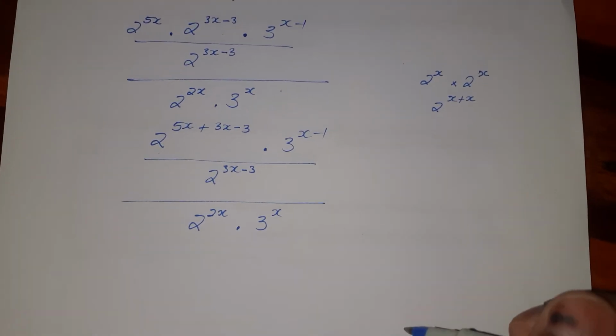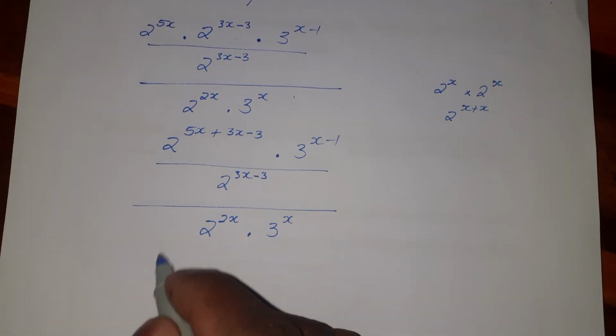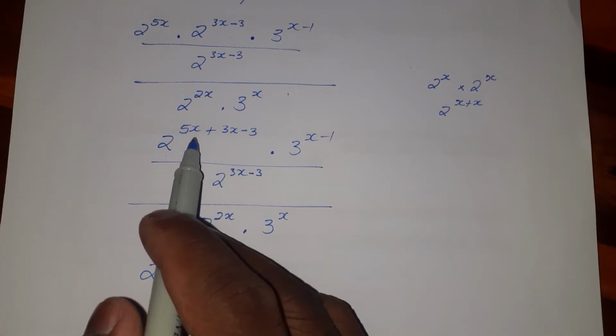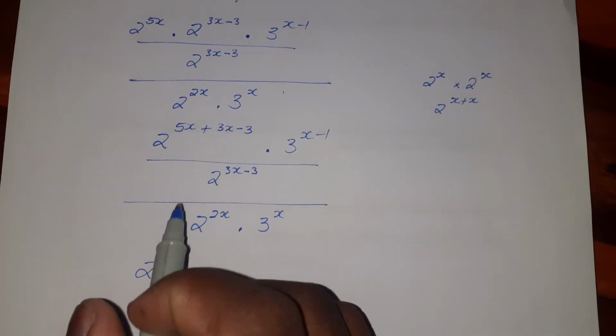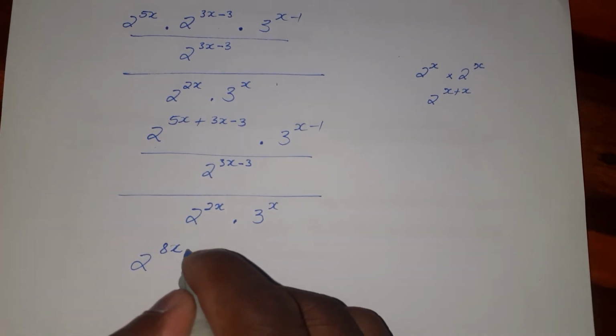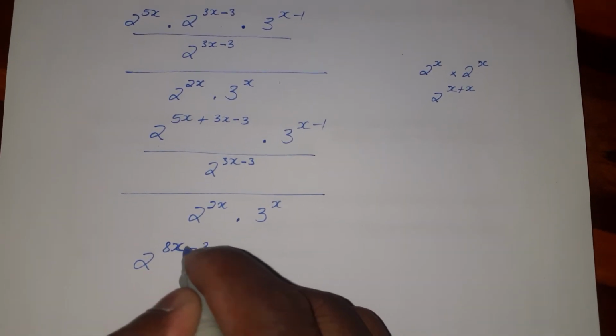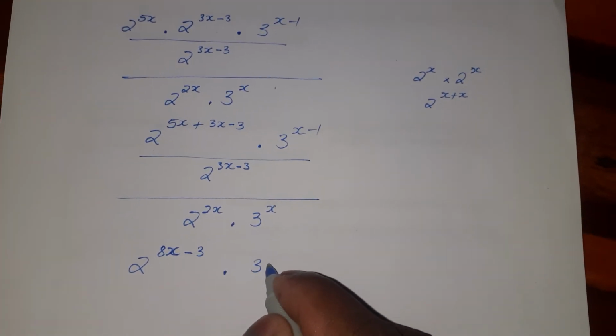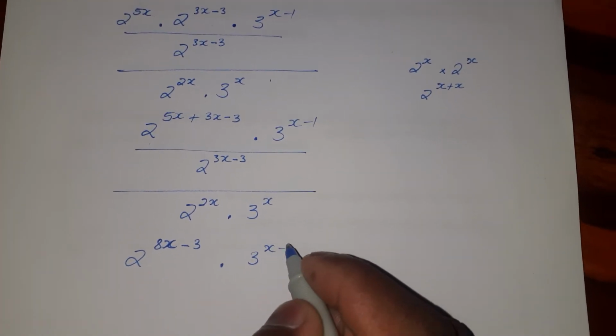Now what we are going to do here, we write 5x plus 3x, we get 8x, and then minus 3, multiplying this by 3 to the power x minus 1.